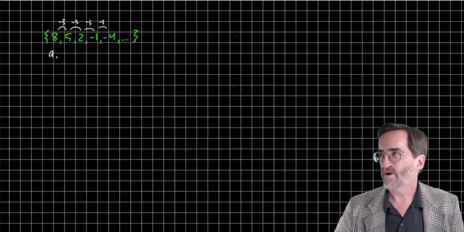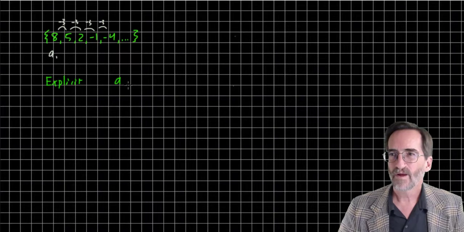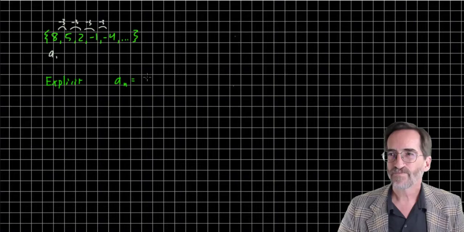So let's figure out the formulas. The explicit formula is A sub n equals the first term, 8, plus n minus 1 times the common difference, which is -3.